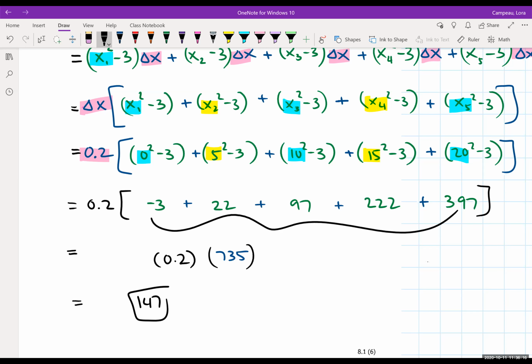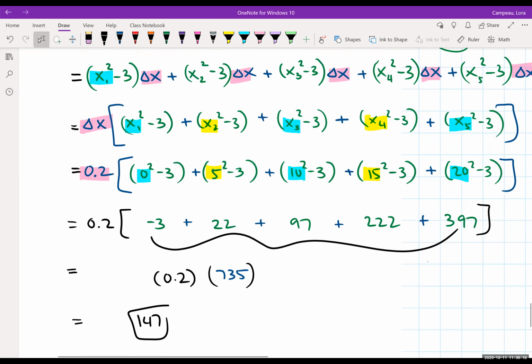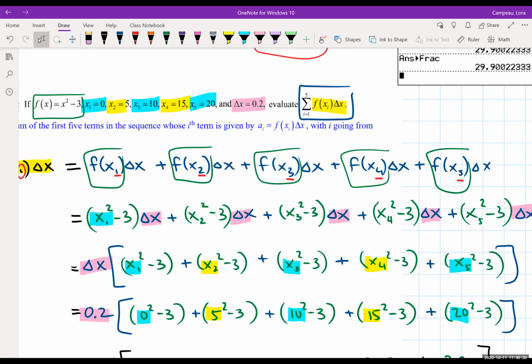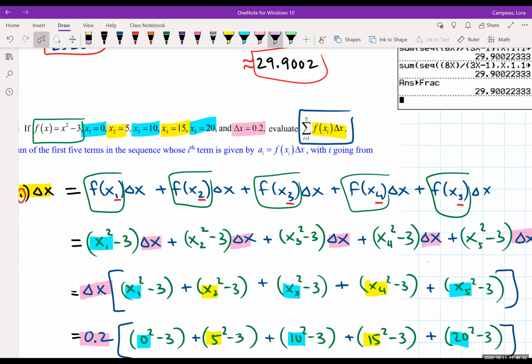So that's if you're expanding everything out by hand. There's a mini shortcut you can play with. If I see function notation and I'm thinking that I have to find multiple values of f of x equals x squared minus 3, I might use my table feature to help me out with this.